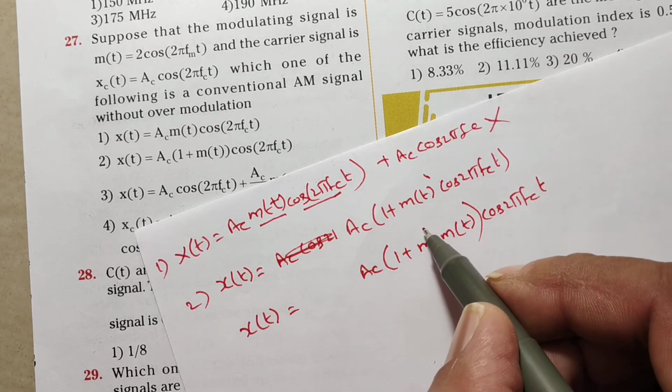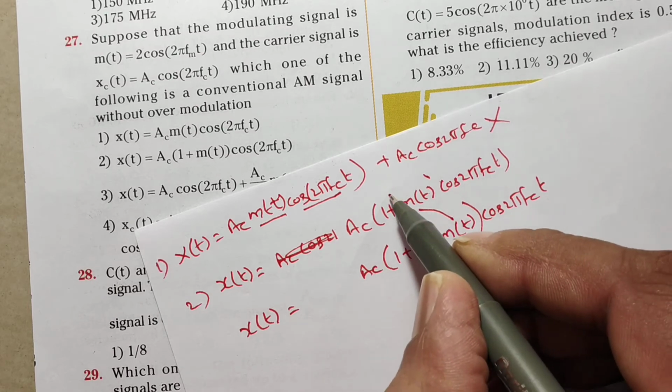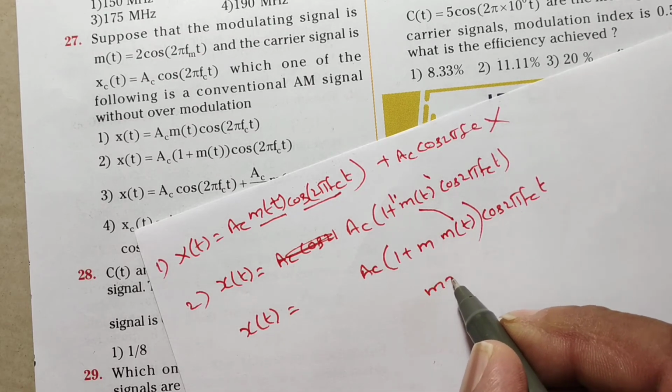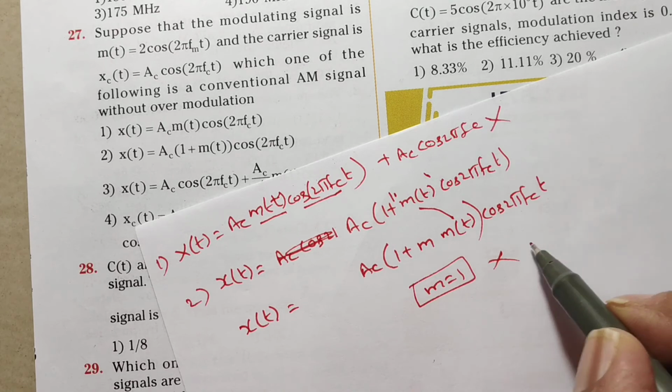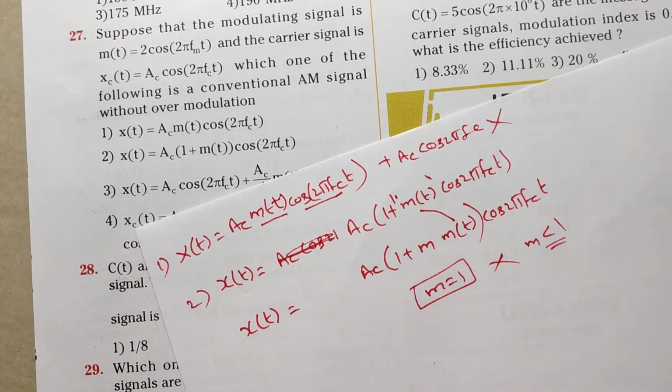By comparing, here m equal to 1 is present, and m equal to 1 means critical modulation. This is not over modulation, so this option is also wrong. M should be less than 1 is the correct condition.